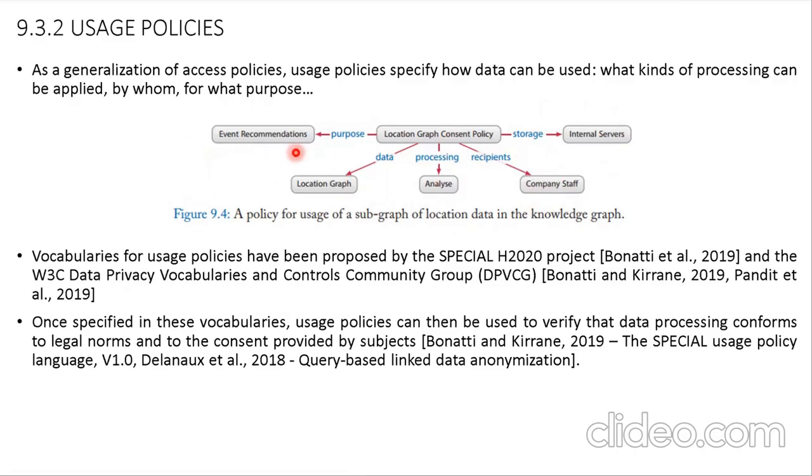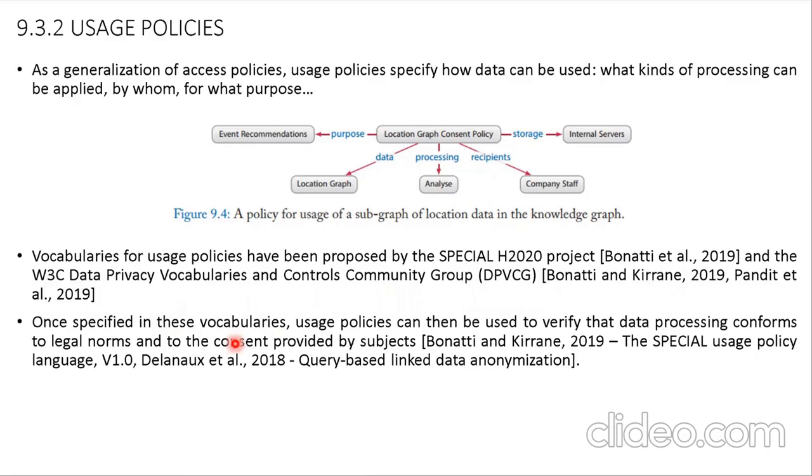the event recommendations. The vocabulary for the usage policies has been proposed by the SPECIAL H2020 project, proposed by Bonatti and his colleagues, and by the W3C Data Privacy Vocabularies and Controls Community Group.